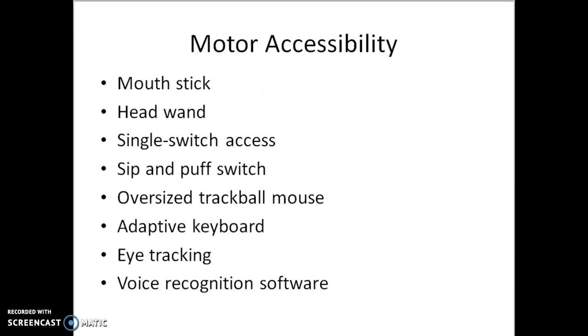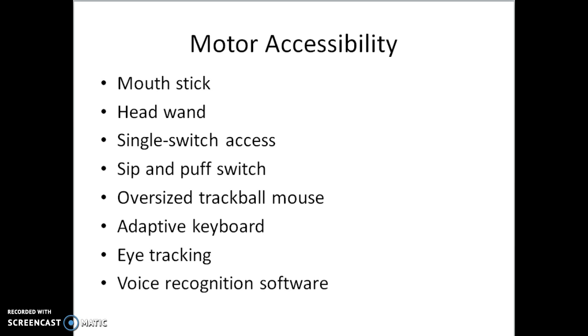Now, more accessibility. Oh boy, that's a lot of stuff. Now, a mouse stick and a head wand are basically a giant mouse, and you tend to use your mouth or your head if you can't really use your hand, but you can still move your head around or your mouth. A single switch access is more or less just a big button that will help you access things.